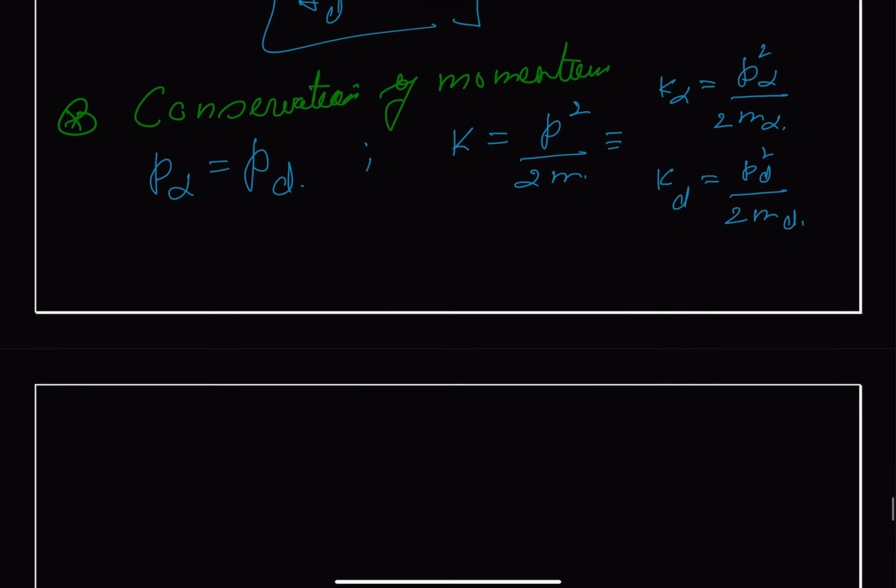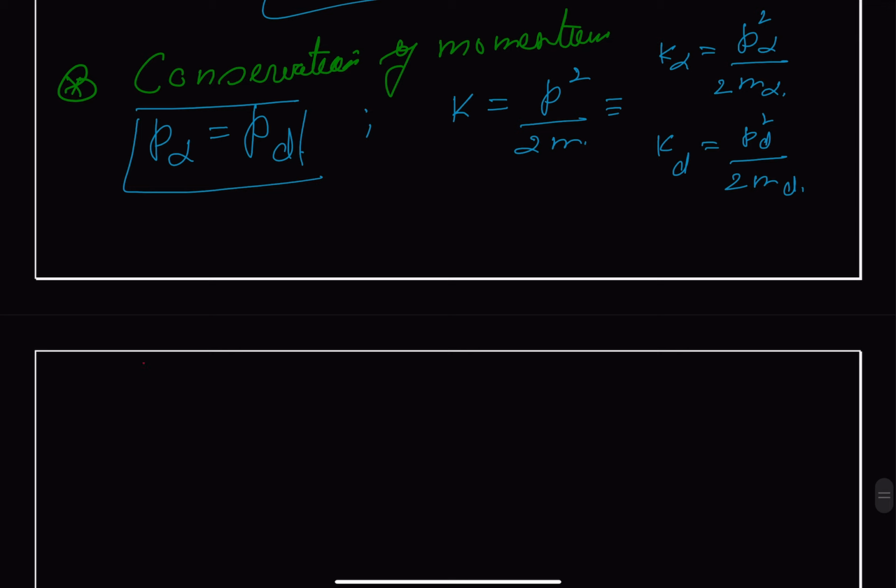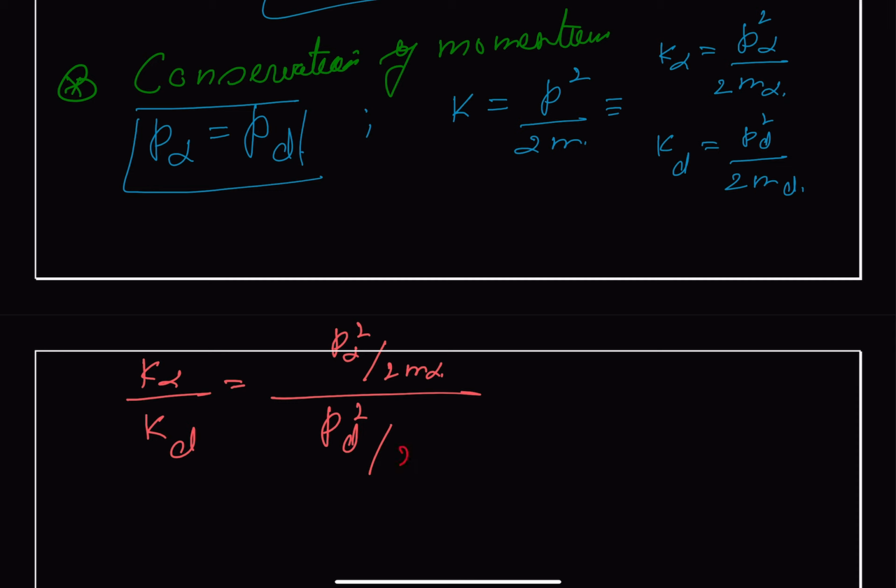We just wrote that p alpha is equal to p daughter, so we can take the ratio. K alpha upon K daughter equals p alpha square upon 2 mass of alpha, divided by p daughter square upon twice mass of daughter.